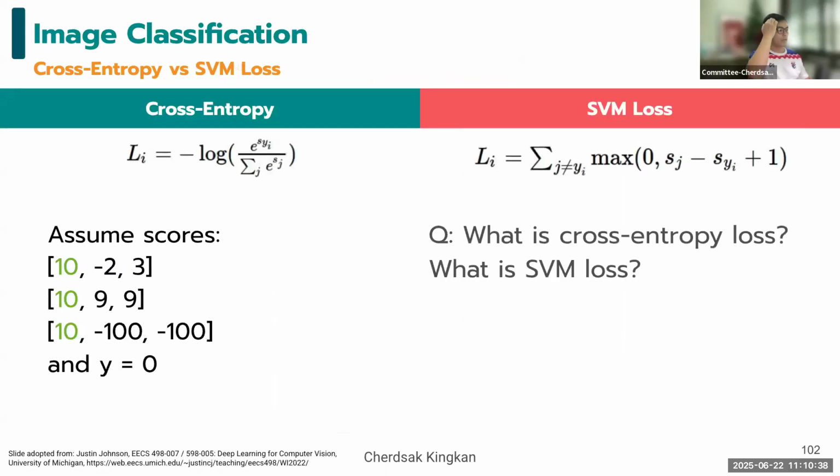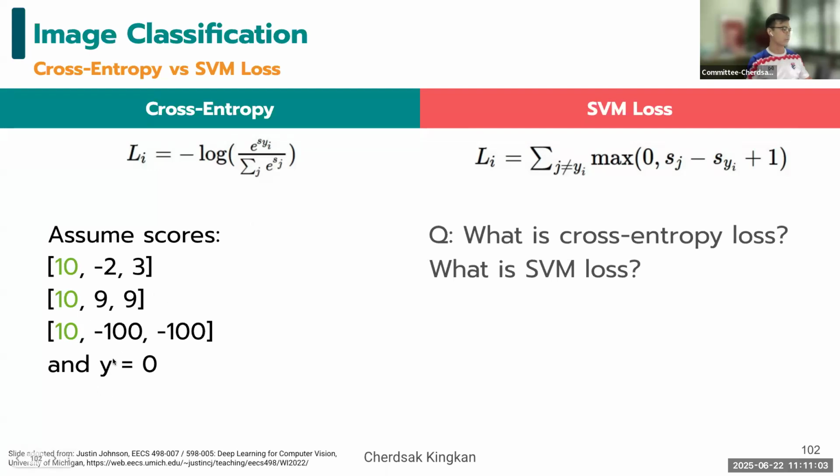If we compare these two loss functions, let's take an example. Let's assume the model predicts 3 classes, and this is the score of each image.